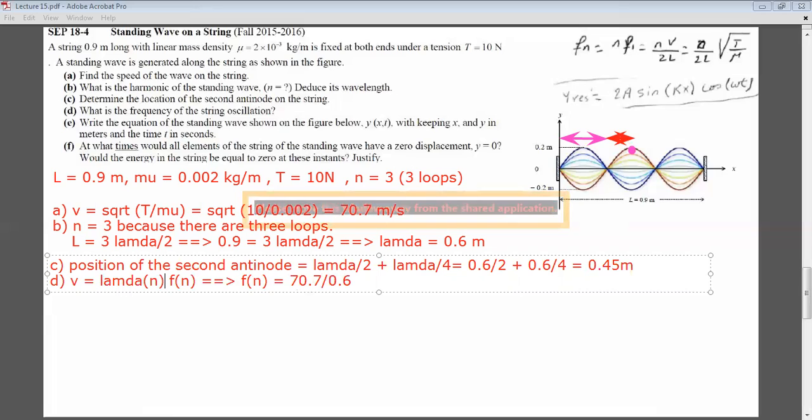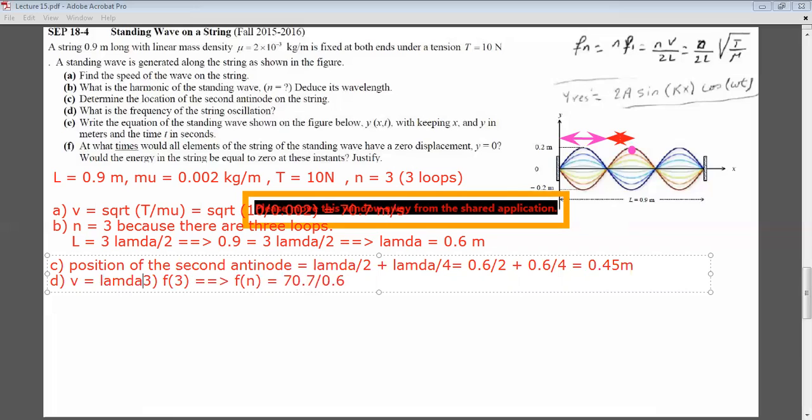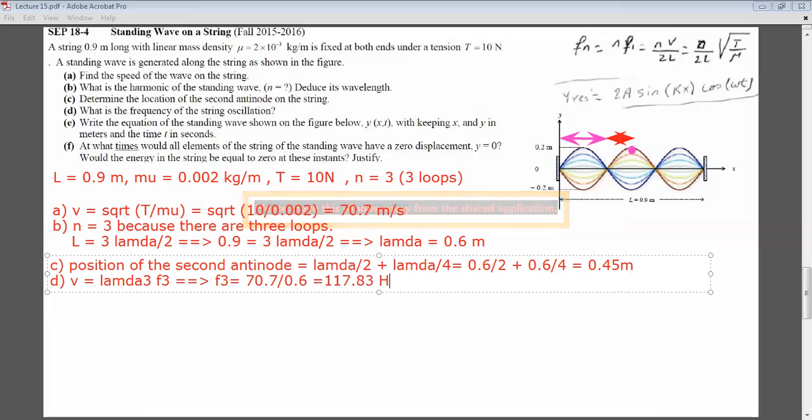Here n is 3, so this is f_3, the third harmonic. F_3 is equal to 70.7 divided by 0.6, and this is 117.83 hertz.